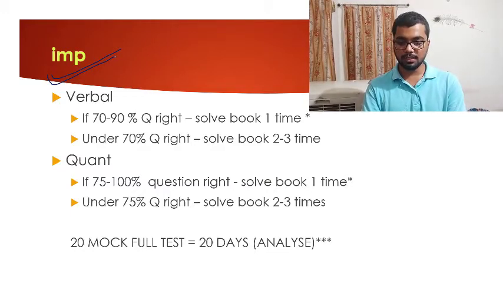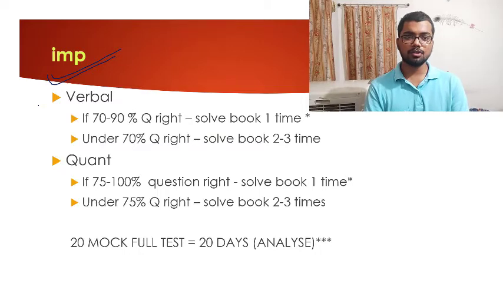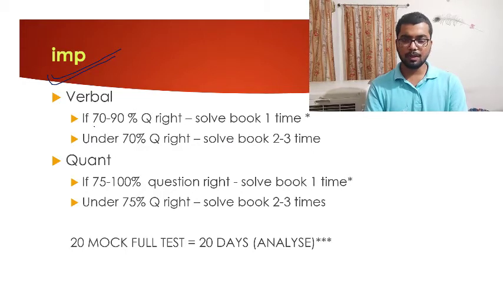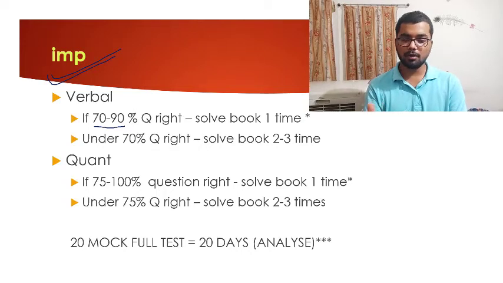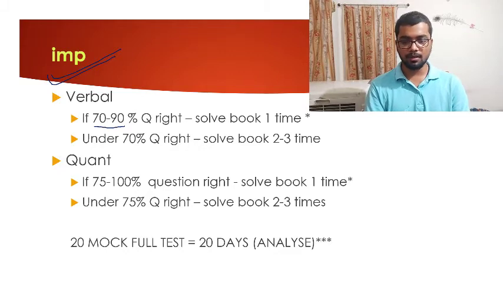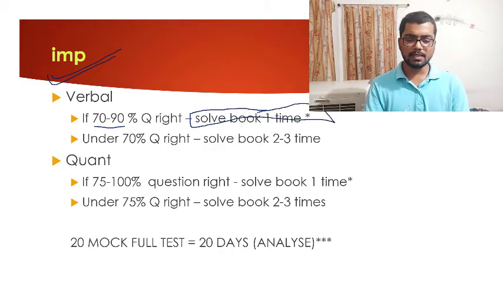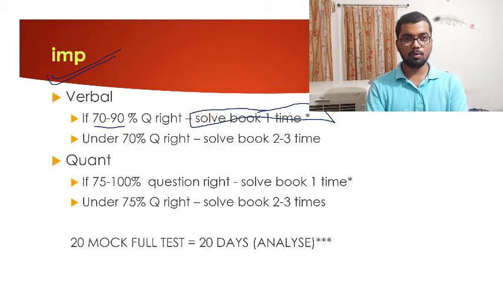Follow the above strategy in the PPT, and you will be able to increase your score by approximately 7 to 10 marks. So if you are solving any book, like for verbal your official GRE book, and you are able to solve 70 to 90% of the questions from the book, then after completing that book, after a gap of 1 or 2 weeks, start solving that book one more time.